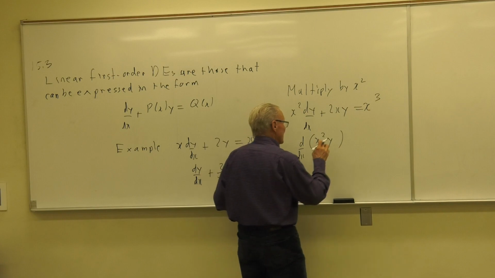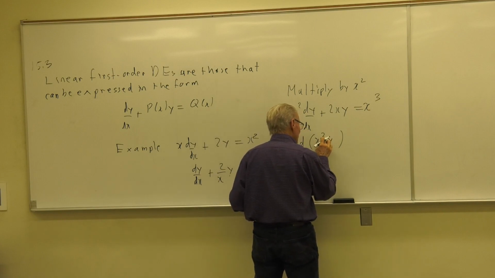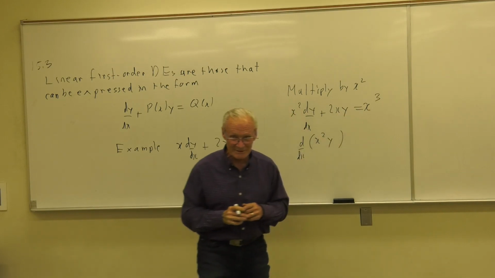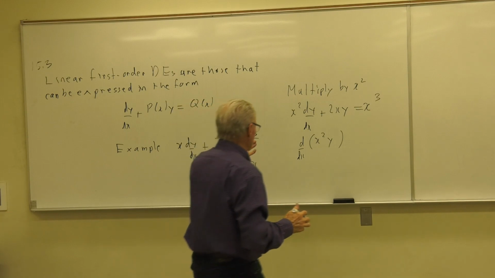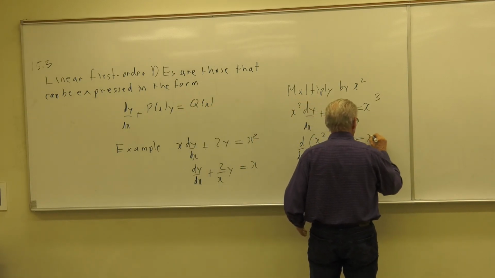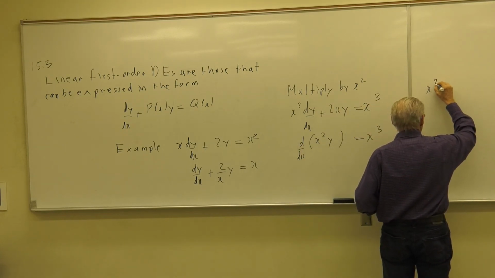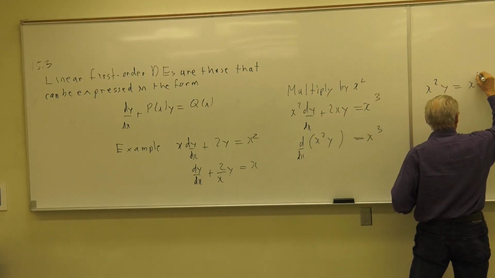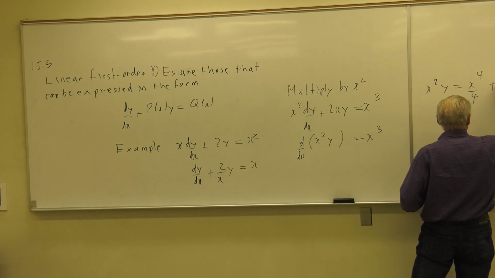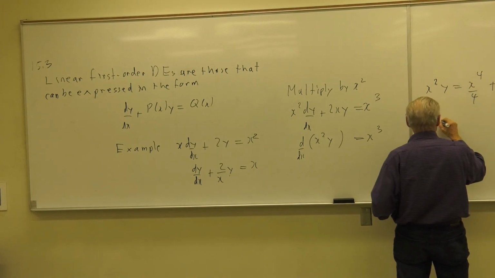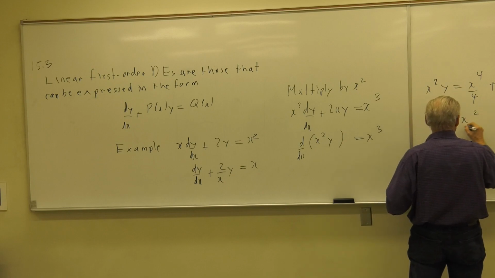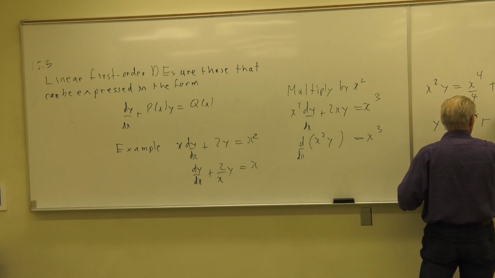But what about the other? Is this one times the derivative of that one? The answer is yes. So we've written the differential equation this way. Now we can integrate: x squared y is equal to x to the 4th over 4 plus c, and I can even solve for y. y is equal to x squared over 4 plus c over x squared.